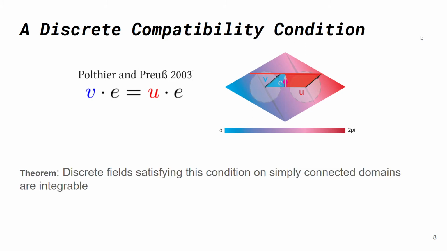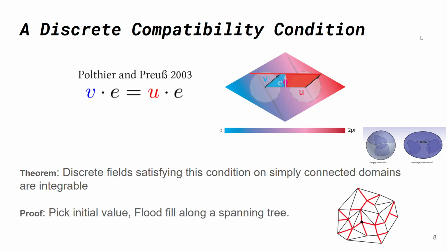And they proved a theorem that said that discrete fields satisfying this condition on simply connected domains are integrable. This is not true on domains that are not simply connected, as we'll see in a second, but for simply connected domains, their proof amounts to saying that you just pick a spanning tree and you flood fill the values across all of the vertices, and they prove that independent of your choice of spanning tree, you'll always get the same scalar field back.